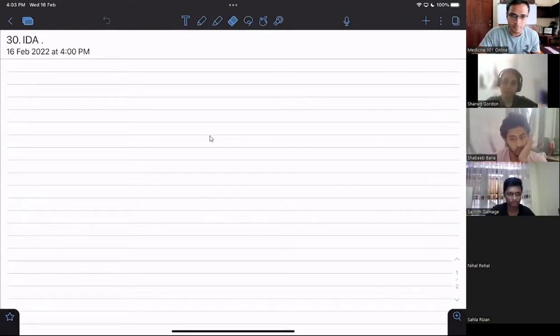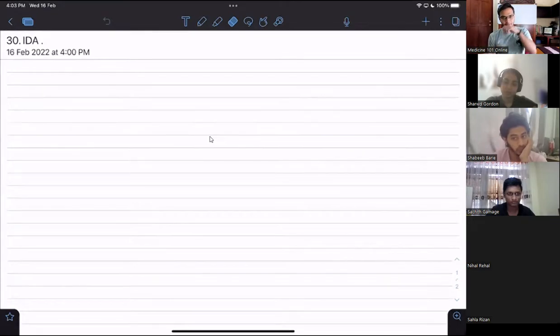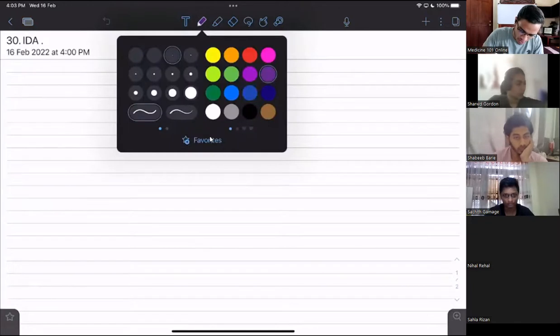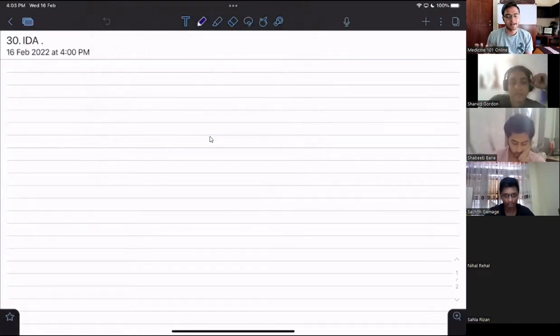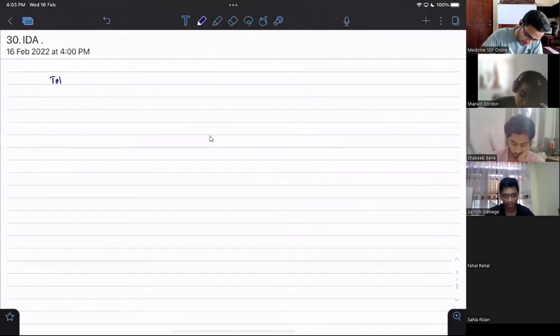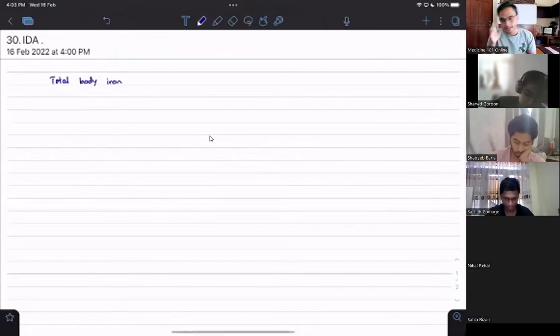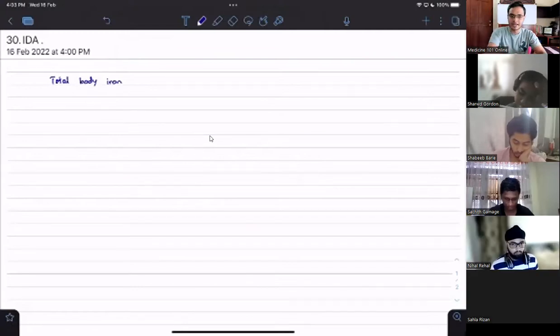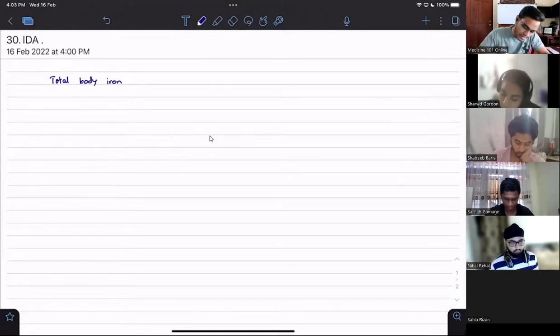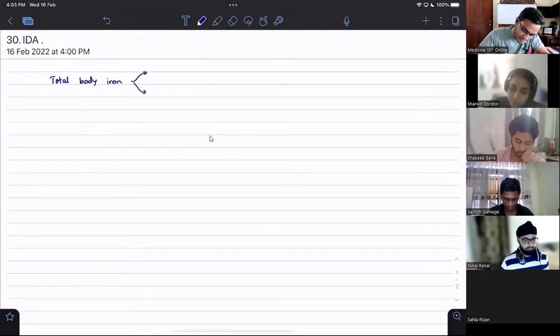Okay. Right. Iron deficiency anemia. So we are going to start from the very basics, guys. The first few things I want you all to know just to get an idea: our total body iron. If you look at the total body iron in a healthy adult at any given time, in males and females this varies slightly.